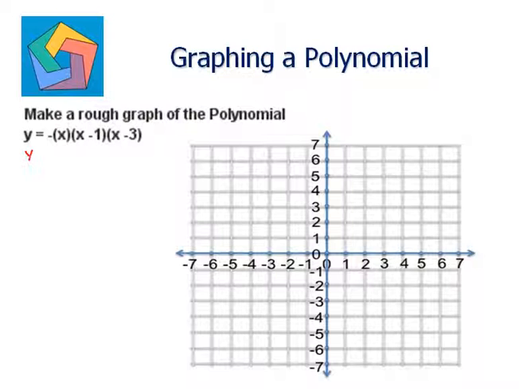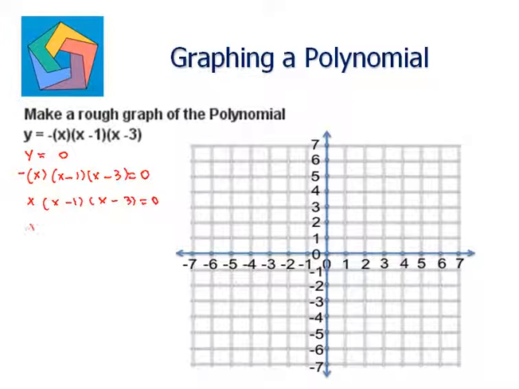Now zeros are found out by taking y is equal to 0. That is, we can say negative of x times x minus 1 times x minus 3 is 0. Or we can also say x times x minus 1 times x minus 3 is 0.